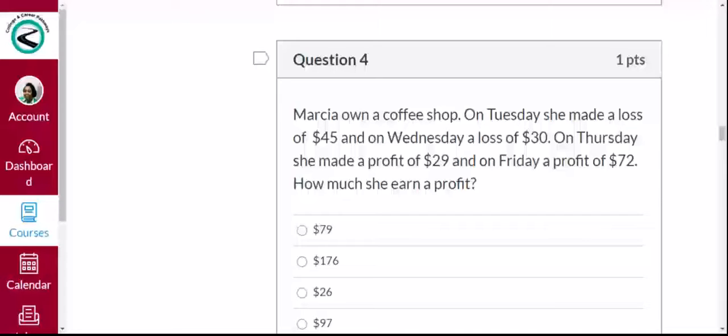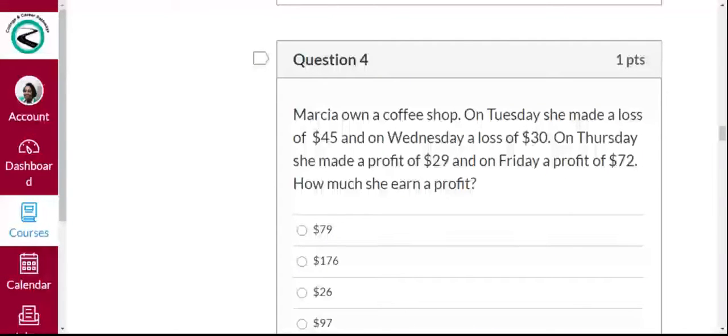So on Thursday, she had a profit of 29. So that's plus 29. And on Friday, she had a profit of 72. So that's a plus 72. If I take those two pluses here, I get 101. Okay, that's 101 minus 75, which gives me 26, right?